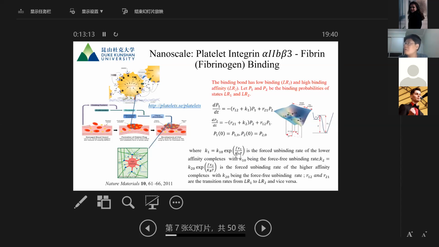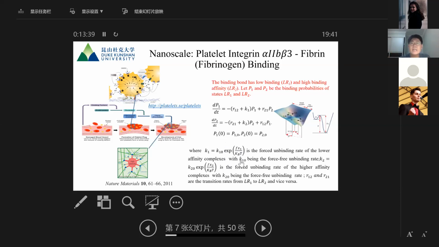I think you have learned this Boltzmann distribution in physics. Q1 0 is called the force-free unbinding rate, meaning that if there is no force acting on the system, it still has some probability to break. And F is the rupture force, meaning how much force is acting on this complex.